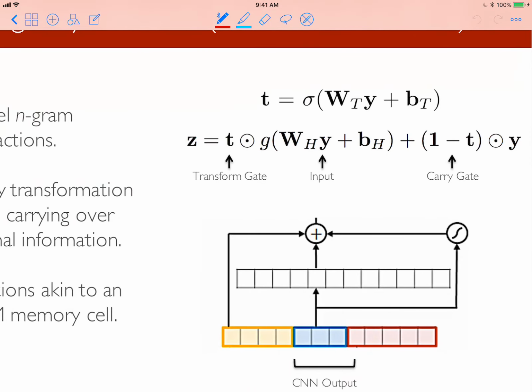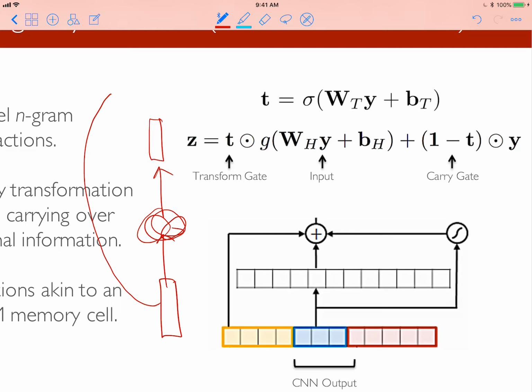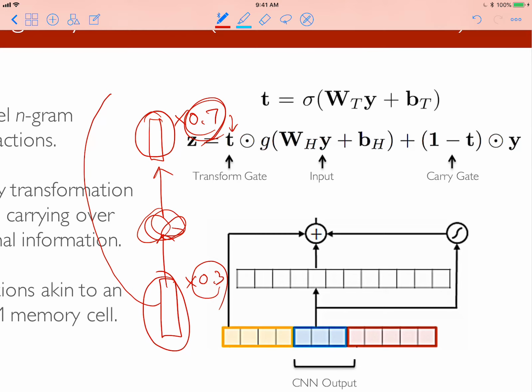So here we have the original vector, and then maybe some linear transformation, CNN or RNN transformation, and then we have an output vector. The output is linearly combined between these two by some weights, maybe 0.7 and 0.3. This one is represented as t, and this one as 1 minus t.